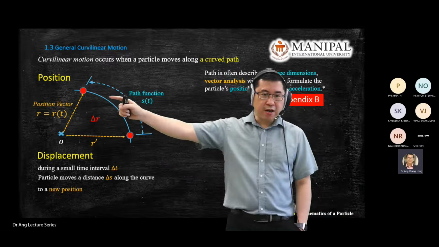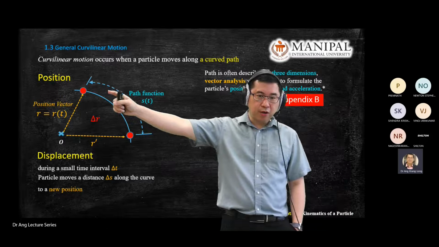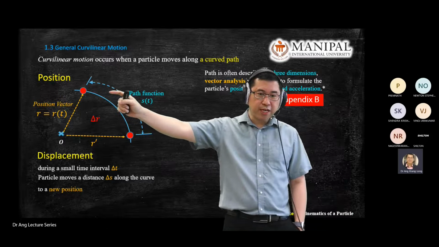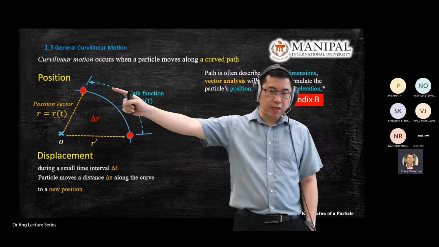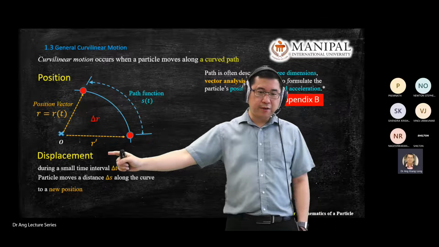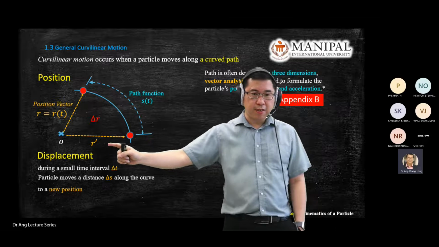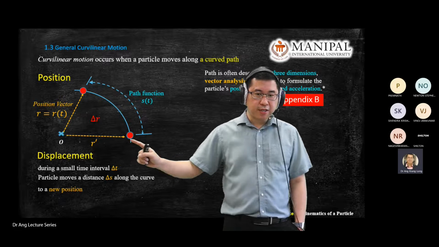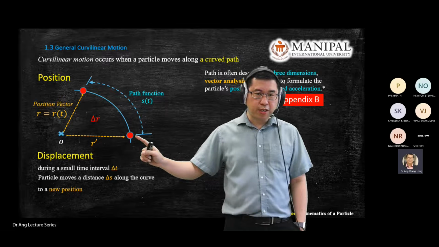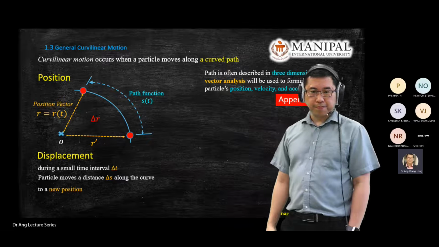I'll use r to represent the origin radius position from O to the S up there. And r prime is the new radius measured from origin to the new position.